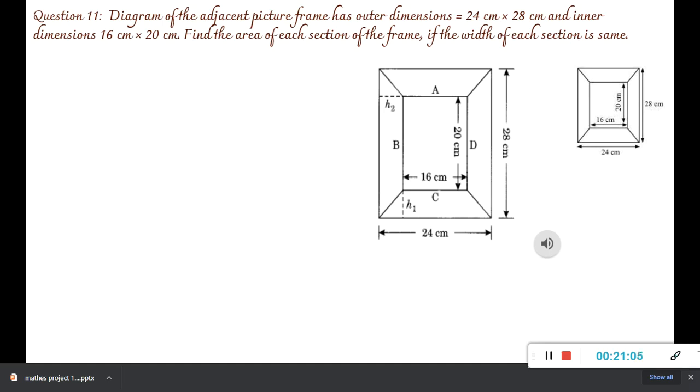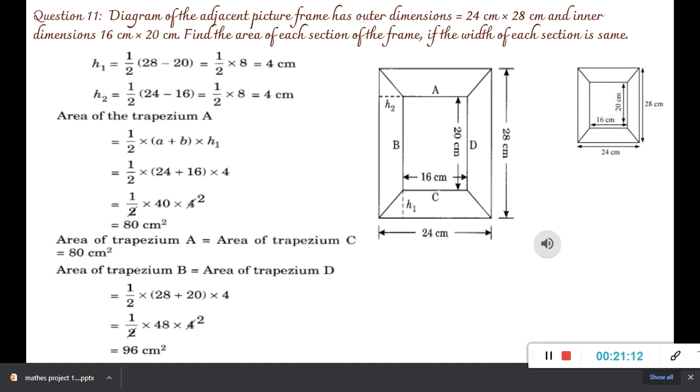First we take height h1, which is half of 28 minus 20. 28 minus 20 is 8, half of 8 is 4 centimeters. In the same way, h2 is half of 24 minus 16, half of 8 is 4 centimeters. So we got h1 and h2 as 4 centimeters each.